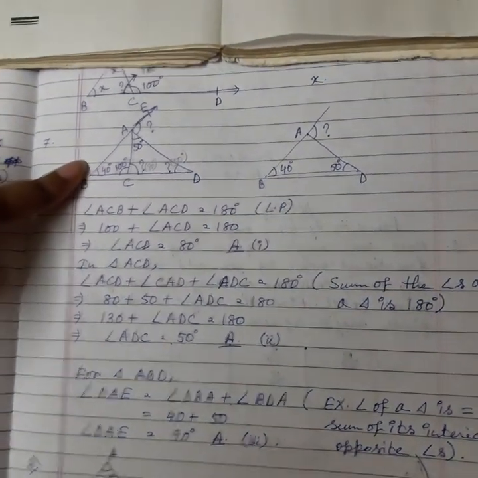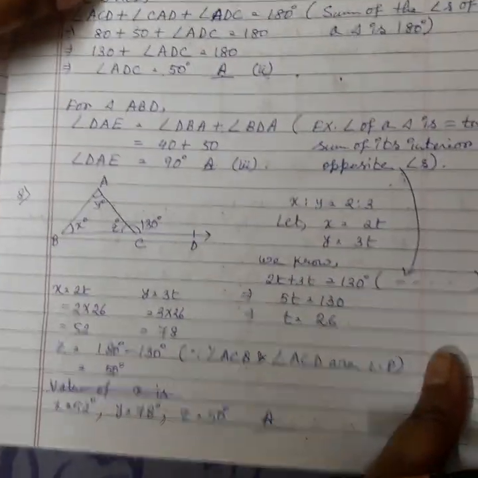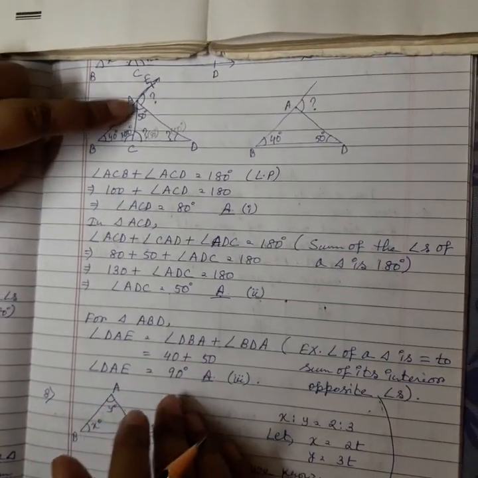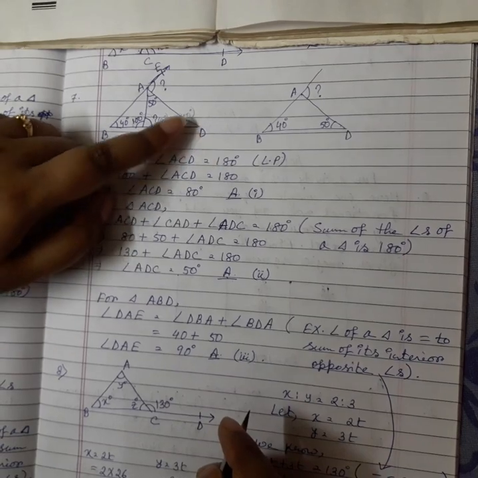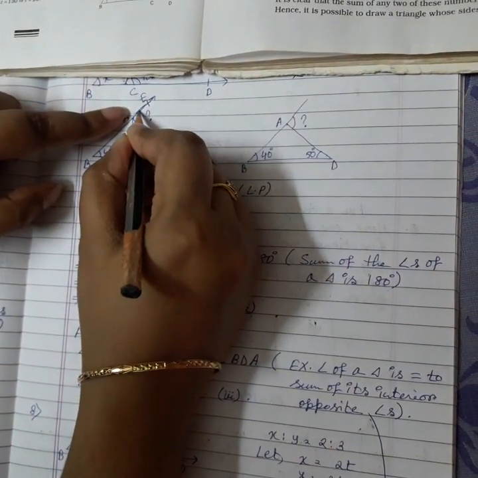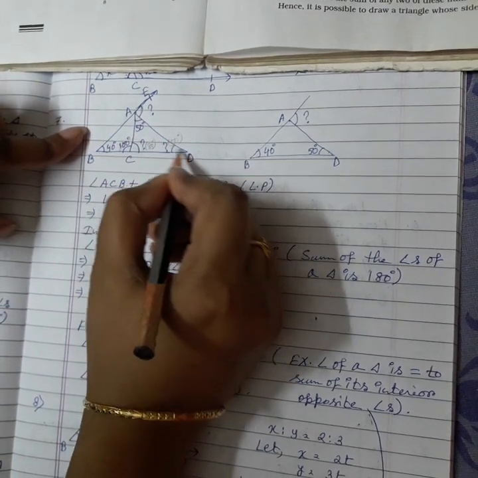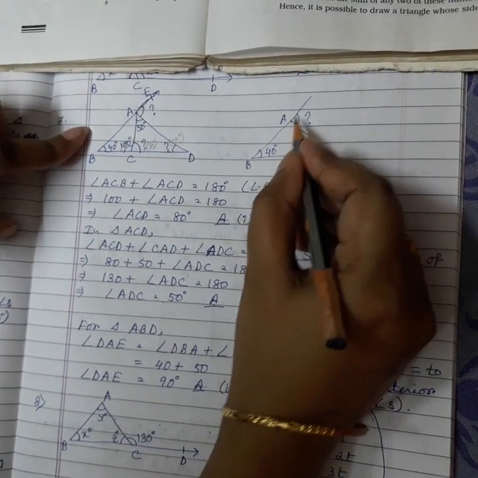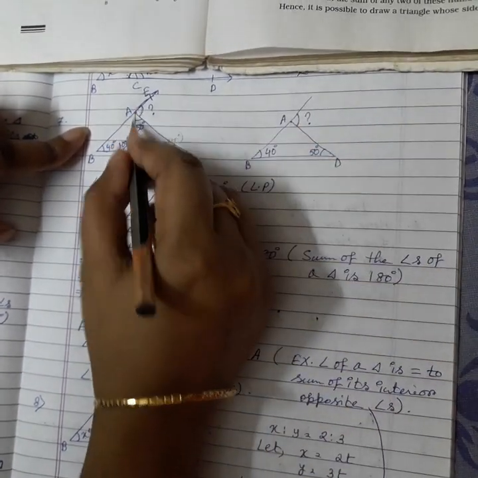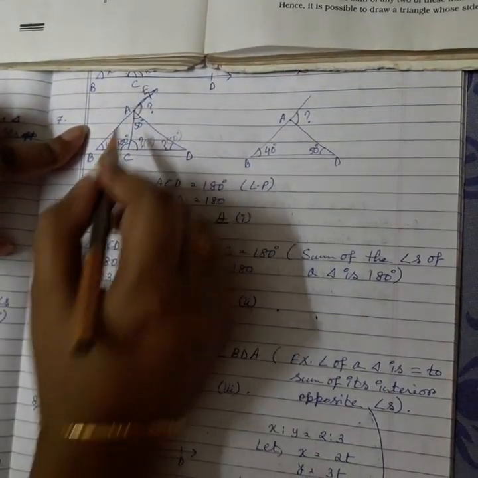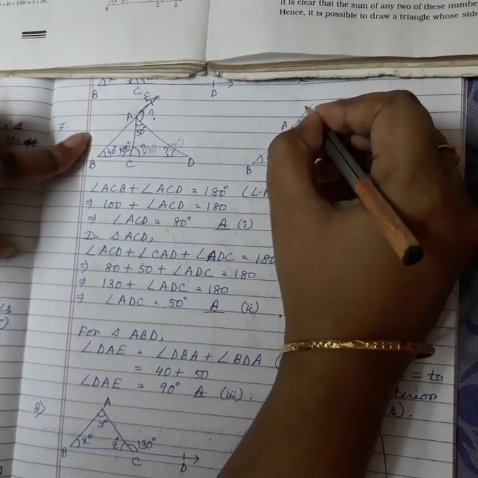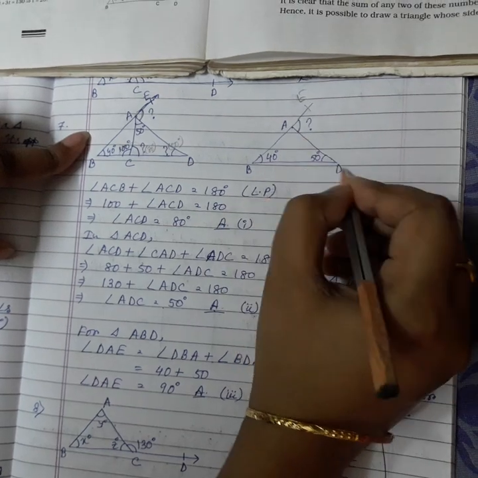Now we have to find this angle, angle DAE. So this is the exterior angle for the triangle. If we draw the figure separately, we have to find that angle for triangle ABD, not ACD. So we have to take triangle ABD because this angle will be the exterior angle of this triangle.